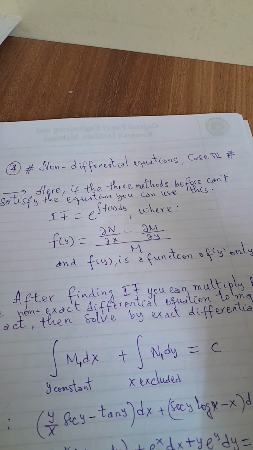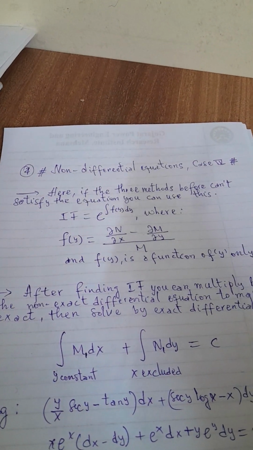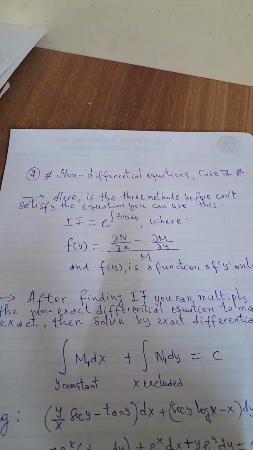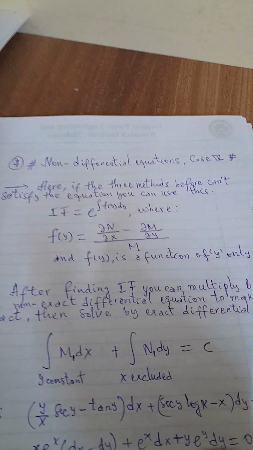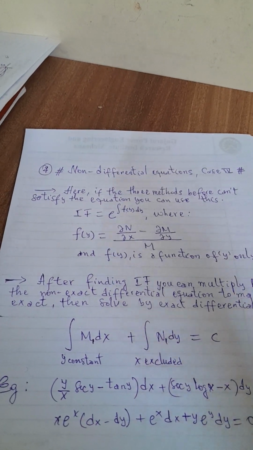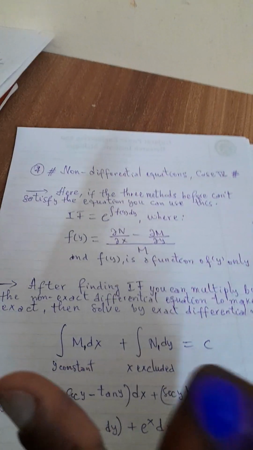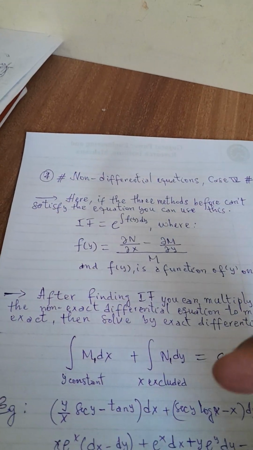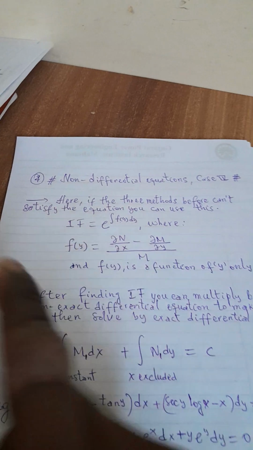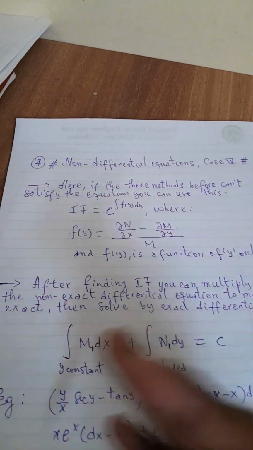The difference between this case and the others is only in how to find the integrating factor, because after finding which condition is fulfilled, the rest is the same. All the steps are the same.